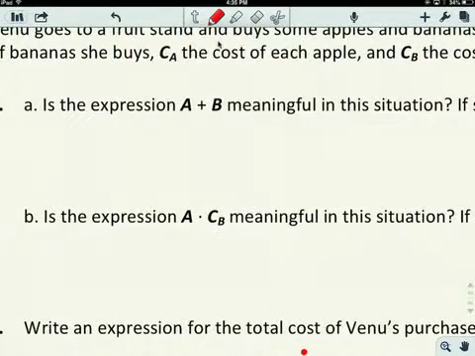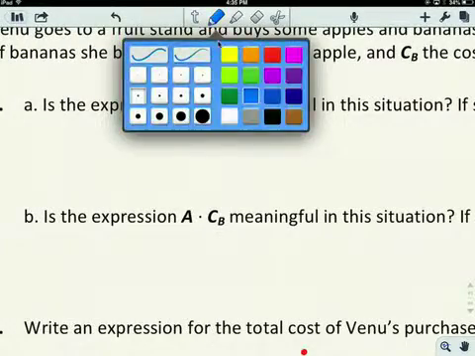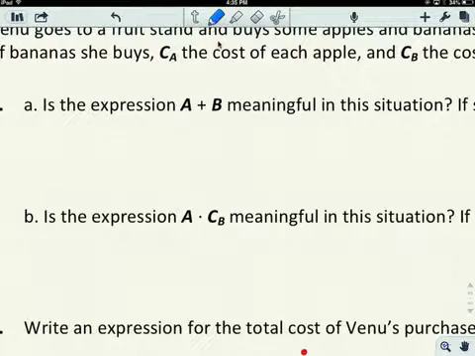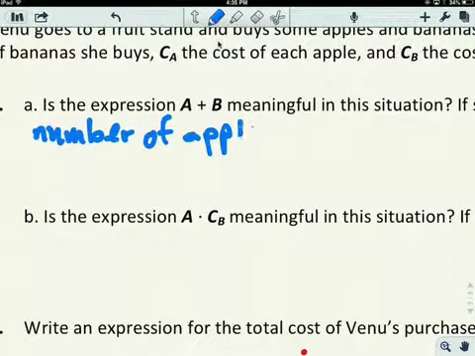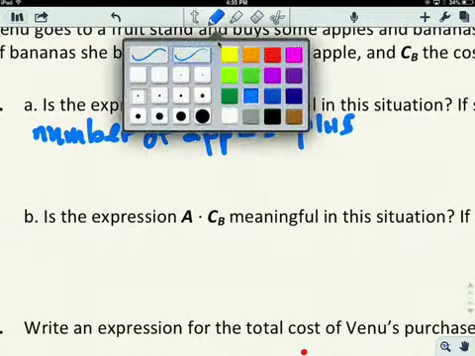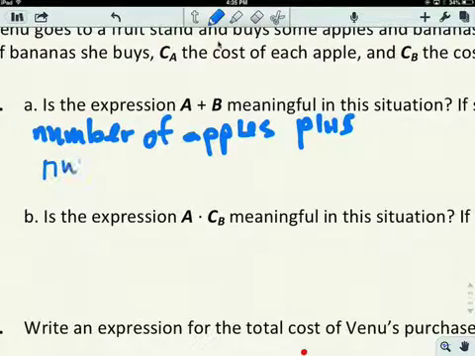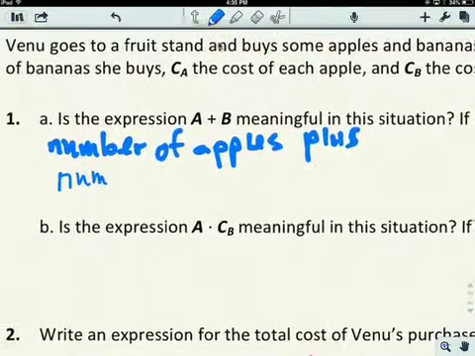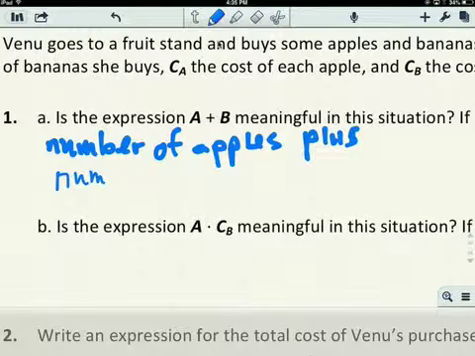Well, I'm just going to do the first level translation. This is one strategy for these kind of problems. A is number of apples plus number of bananas.